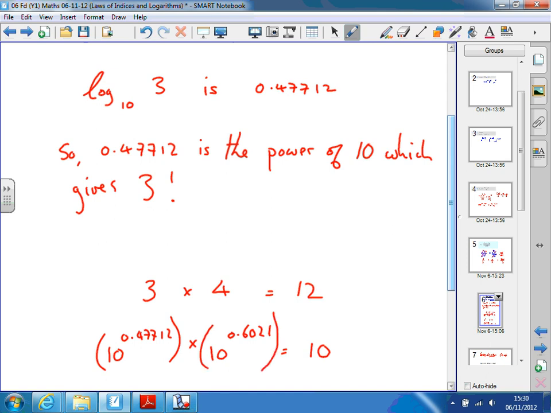If I want to multiply them together, though, using the laws of indices that we've just been looking at, what do I do with the powers? Add them together, yeah. The base is the same, so add the powers. What's 0.47712 plus 0.6021?